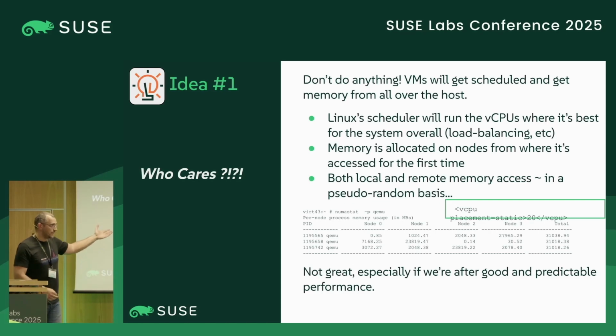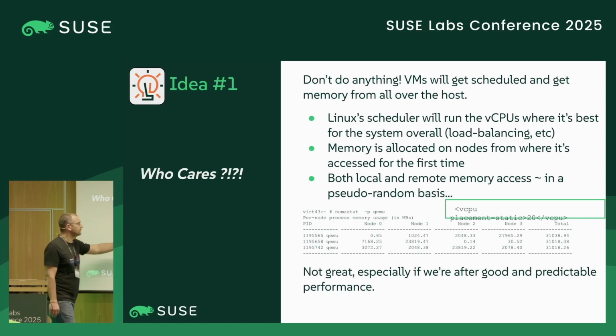And so we can end up in situations like I show, where they run on different NUMA nodes and so on. The memory is allocated from where these tasks run for the first time, and so it can also be spread across NUMA nodes and accessed either locally or remotely at different times, without us being able to know or control it.